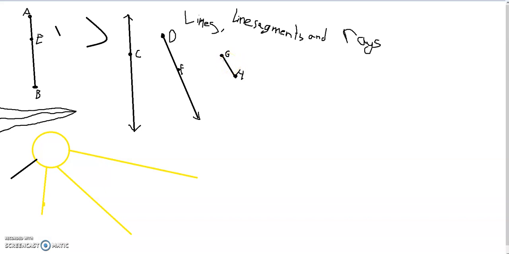If you said line segment, good job, it is a line segment. Now, how about this?